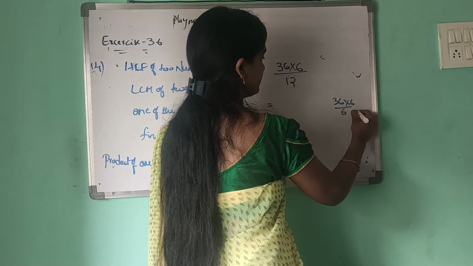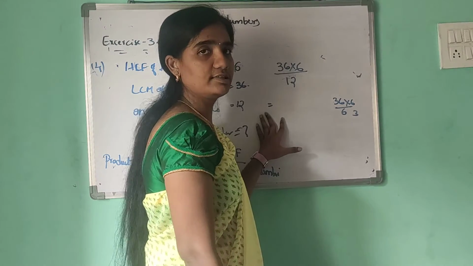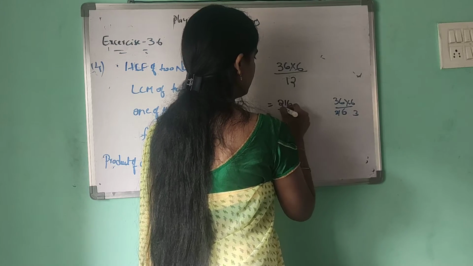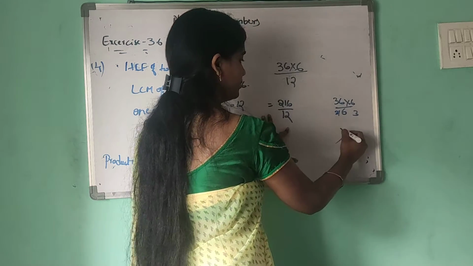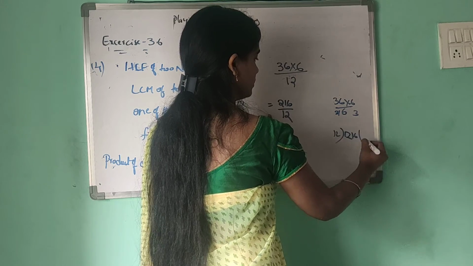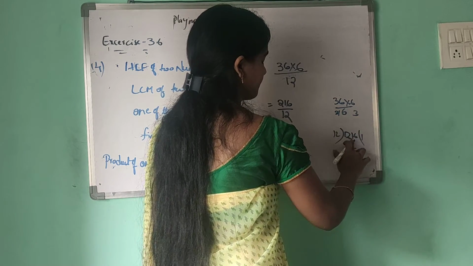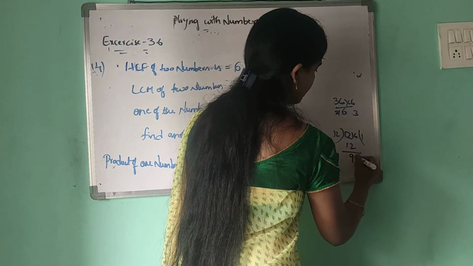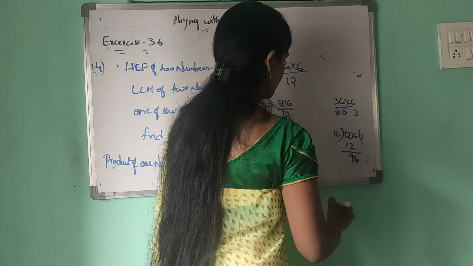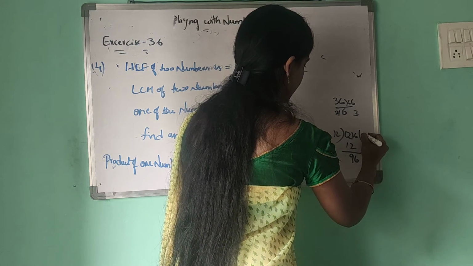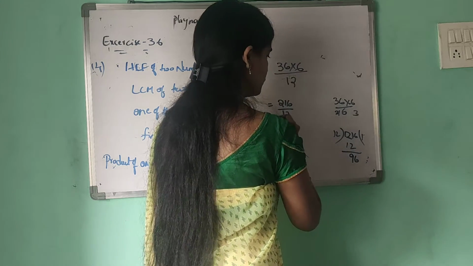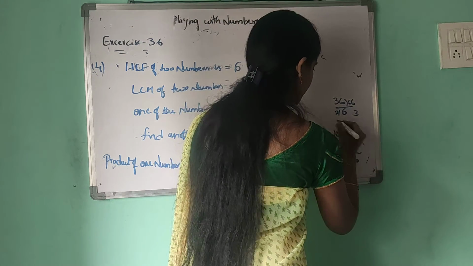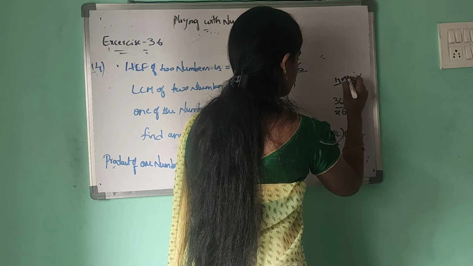6 6s are 36, 3. 6 3s are 18, 19, 20, 21. 216 by 12. How many times? 216 by 12.